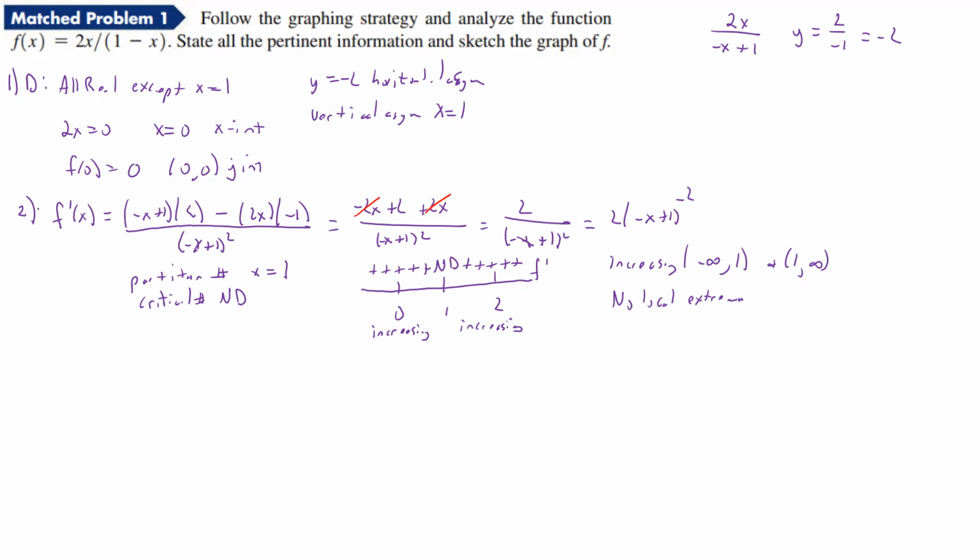All right, so now that's what number 2 said. So now let's go to number 3, which said now let's find the second derivative. And again, I'm going to use this one because it's going to be easier. So I bring that negative 2 down here. So I get a negative 4 times negative x plus 1 to the negative 3. And then we have to take the derivative of what's inside here.